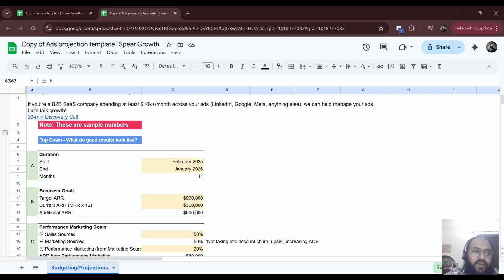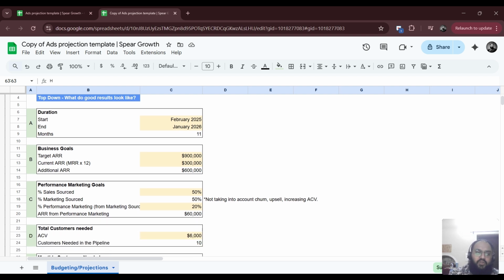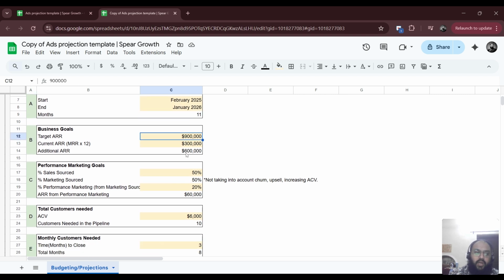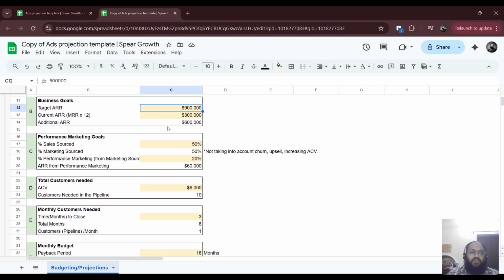would want to spend. We approach projections in two ways here at Spear Growth. One is a top-down approach and the other is a bottom-up approach. A top-down approach generally starts with the duration of the campaign, your current revenues, and what you want to achieve.